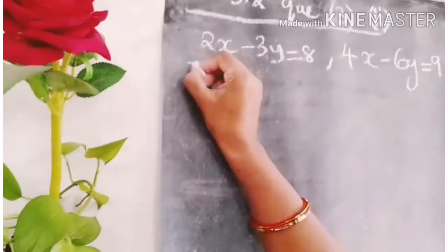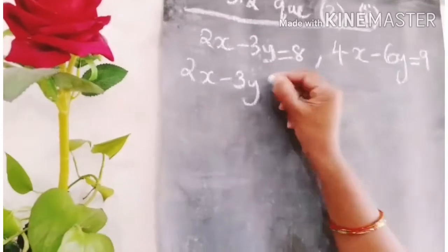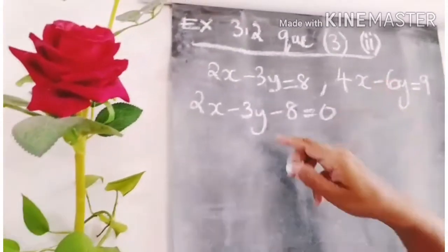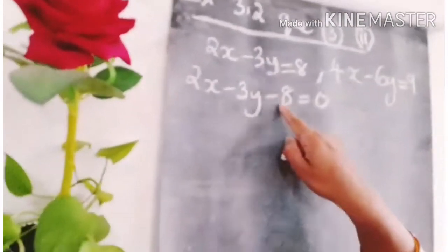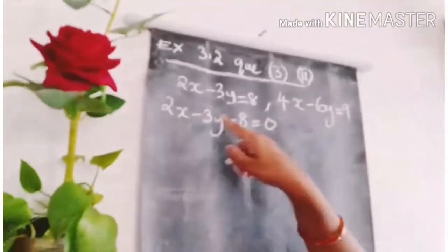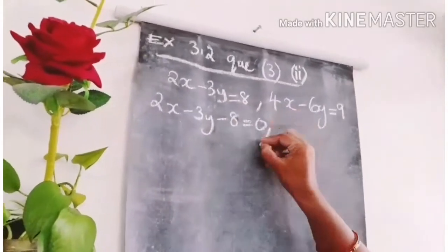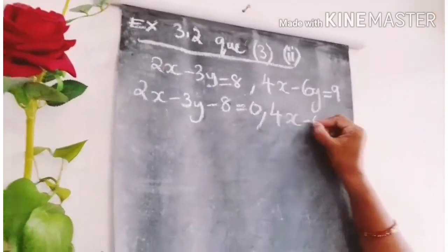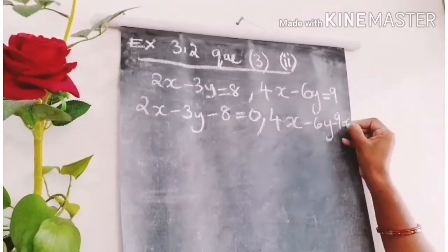So we have to change our question like that. 2x minus 3y minus 8 equal to 0. This is our standard form, a1x plus b1y plus c1 equal to 0. To become the standard form, you have to write everything on the left side. Like that the second one also, as we did in our first question. 4x minus 6y minus 9 equal to 0.